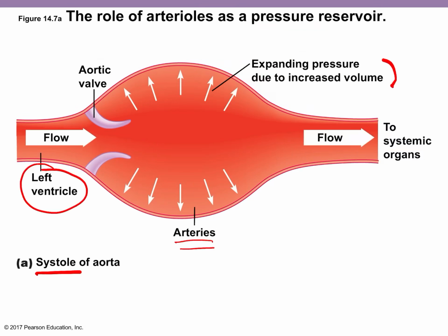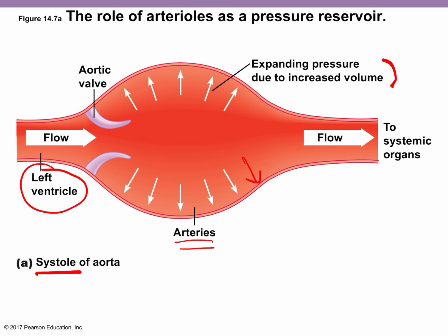All right, number 2 here is compliance. Compliance is the ability to expand and accommodate the increased content. When we go back to this picture where we have the arrows pointing at the wall, that expansion is a change in volume with a change in pressure. So elastic arteries have compliance, which allows them to maintain a pressure gradient.